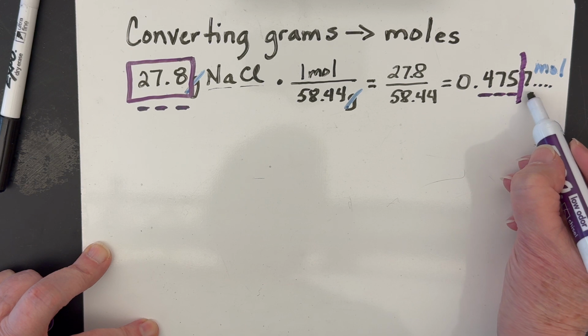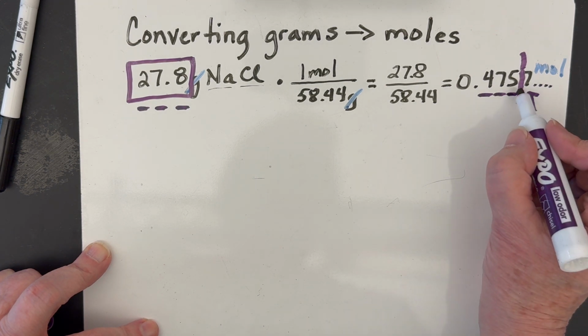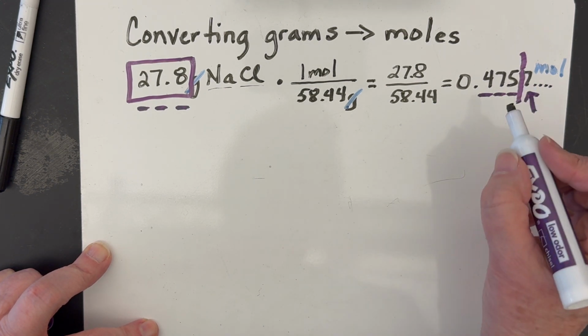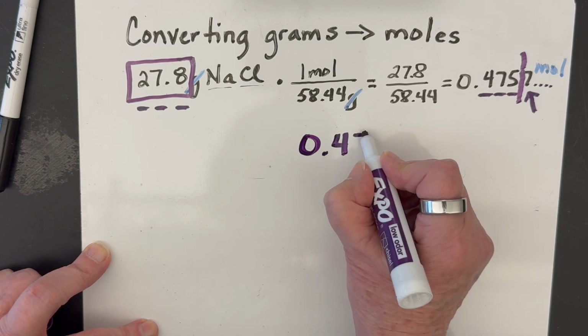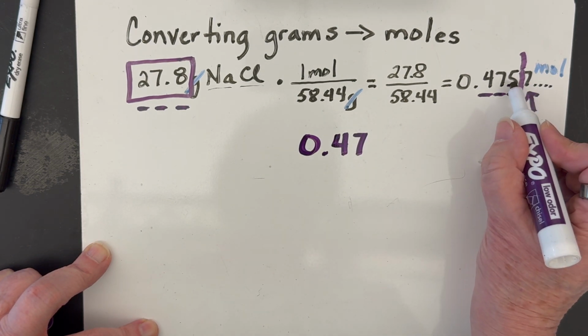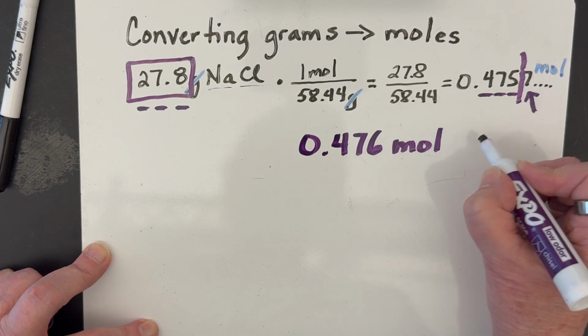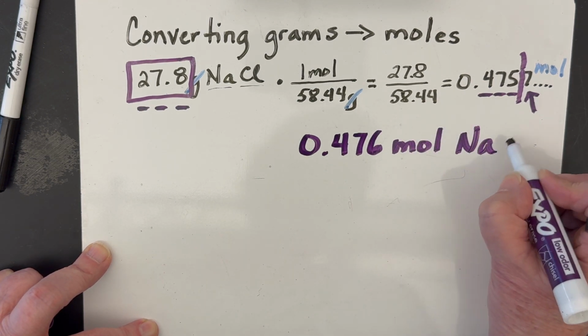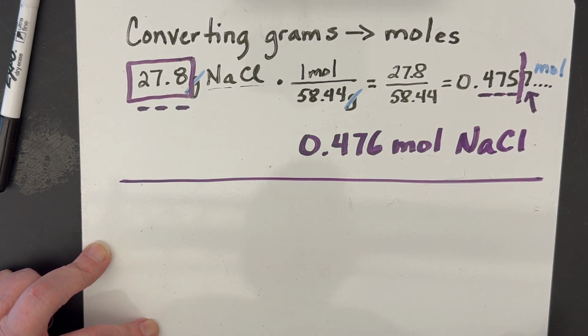But before we cut it off, we need to look right there, and if that is 5 or larger, we're going to round up the last number that we're keeping. So we're going to keep 4, 7. Our 5 is going to round up to a 6 moles NaCl. And that's how you convert from grams to moles.